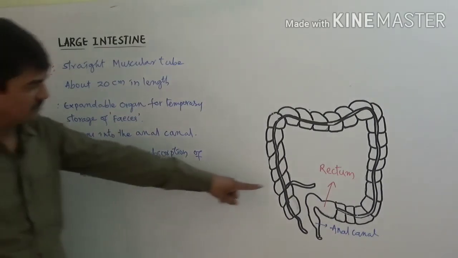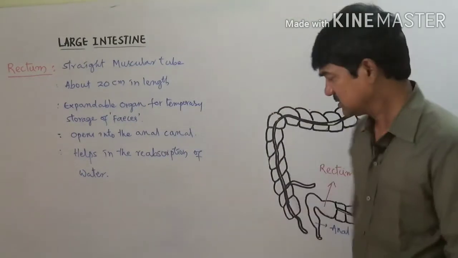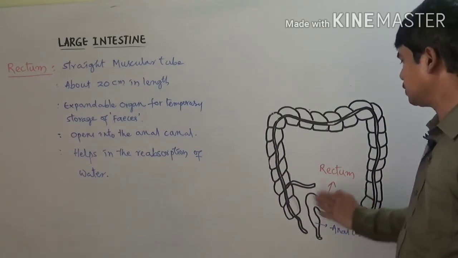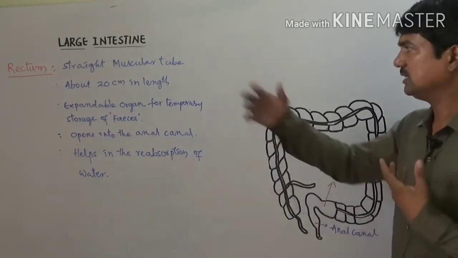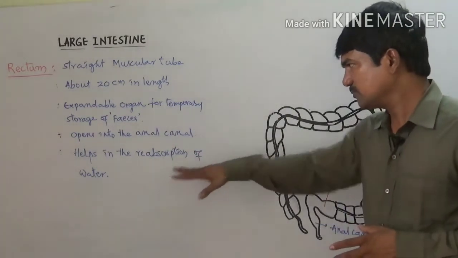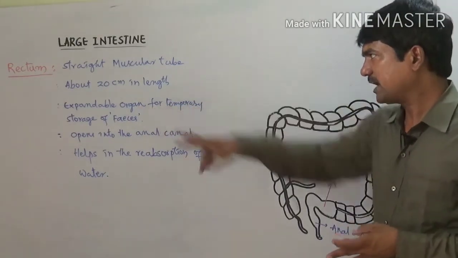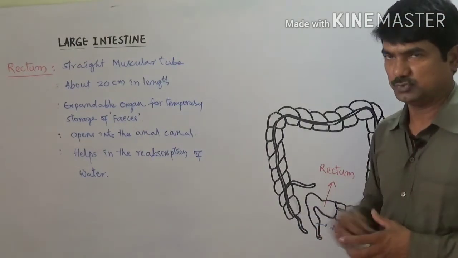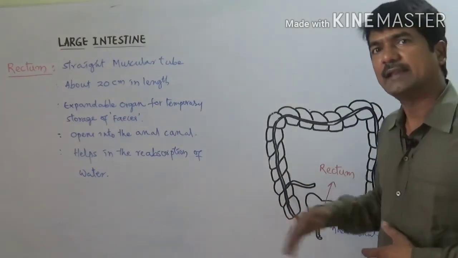Here we can identify that the rectum is a muscular tube-like structure present just behind the sigmoid colon, which opens into the anal canal. The main purpose of the rectum is to reabsorb water from the feces, and it is an expandable organ for temporary storage of feces. That is the main function of the rectum, and the rectum opens into the anal canal.